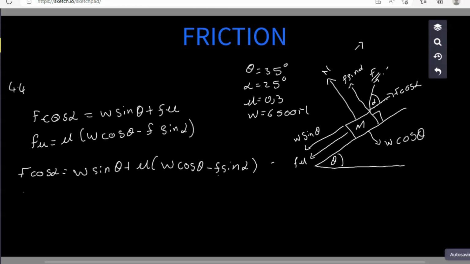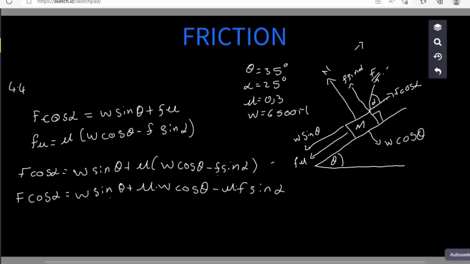We open the bracket here, it will be F cos alpha is equal to W sine theta plus, open bracket, mu W cos theta minus mu F sine alpha.